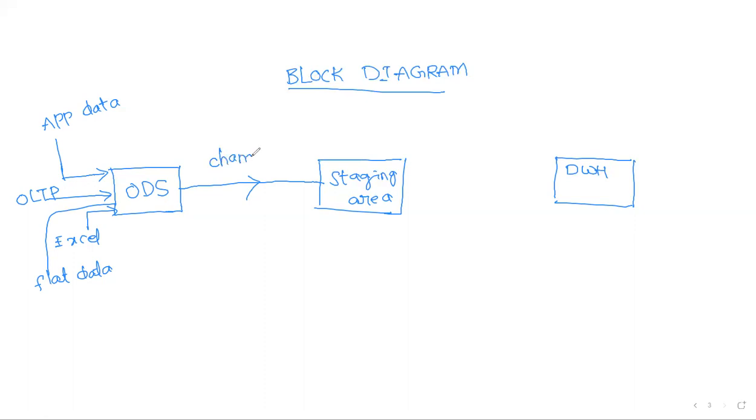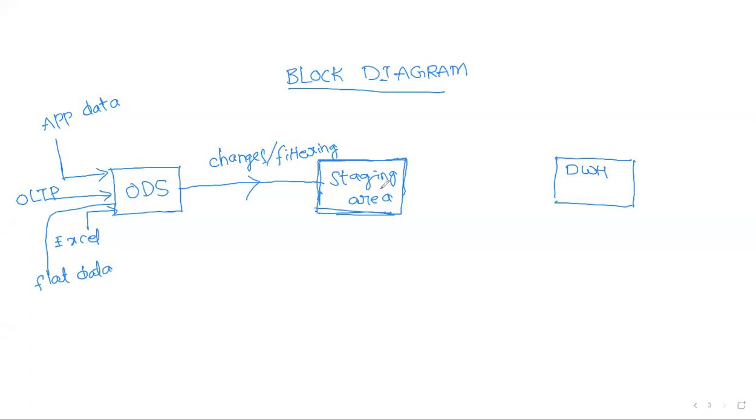After some changes, you can do some filtering also. So in the ODS data, if you do some changes, then you will get some data in staging area. It means after some changes, you have some other data, or maybe it is like information I can say, because data is very, very big.